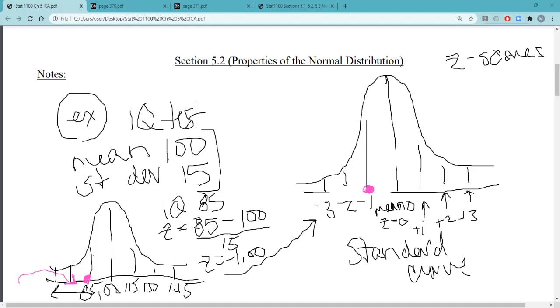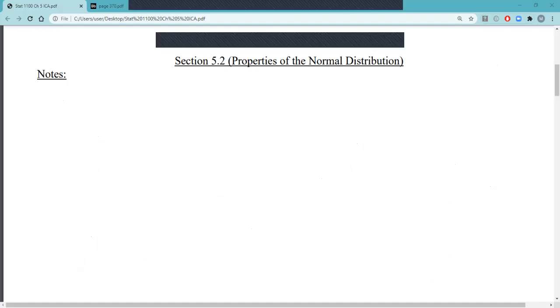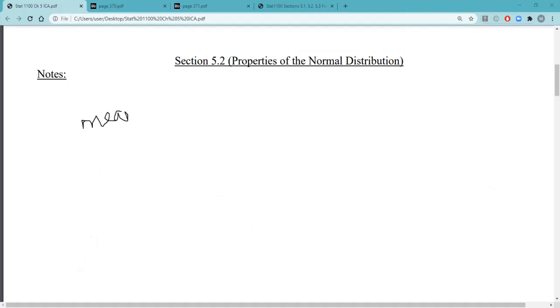All right, let me go ahead and draw another curve. And I'm going to use the same mean and standard deviation information. So our mean is 100, our standard deviation was 15.